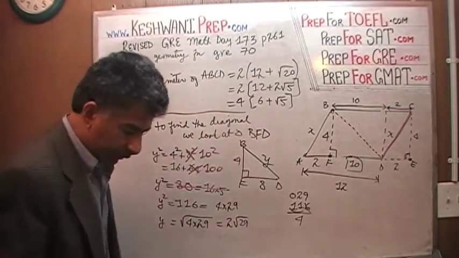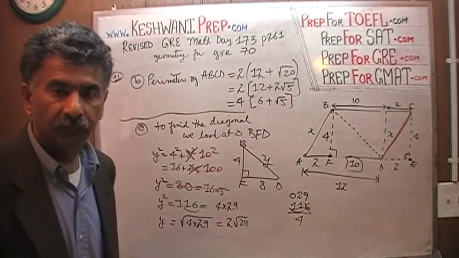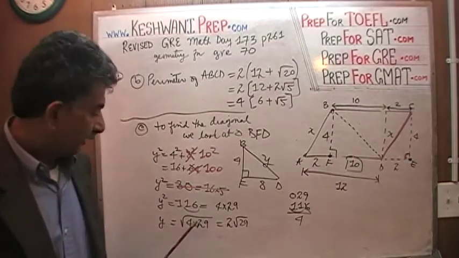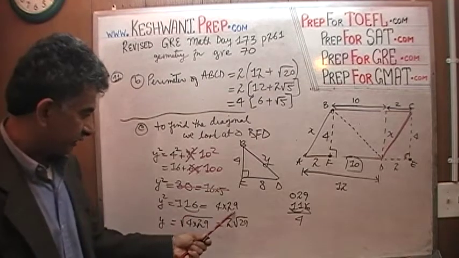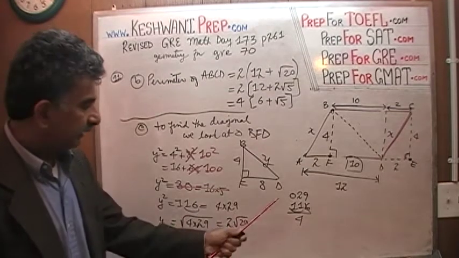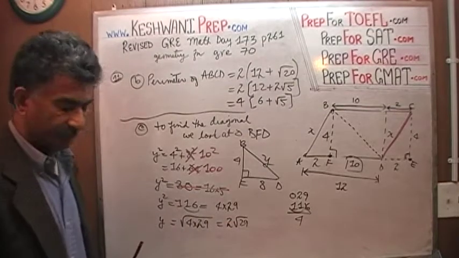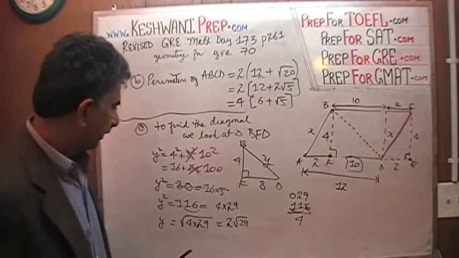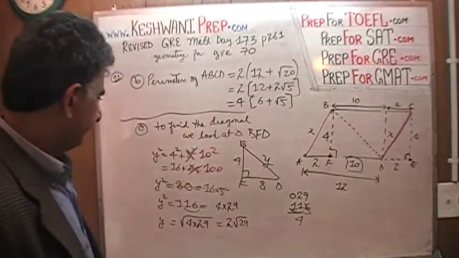And I also know the 16 is made up of 4 4s. So 25 4s plus 4 4s will give us 29 4s, which is what I was trying to make you understand. But I did it out here this way, just so you can understand my logic. So it's 2 times root 29, which is the length of B to D, the diagonal B to D.